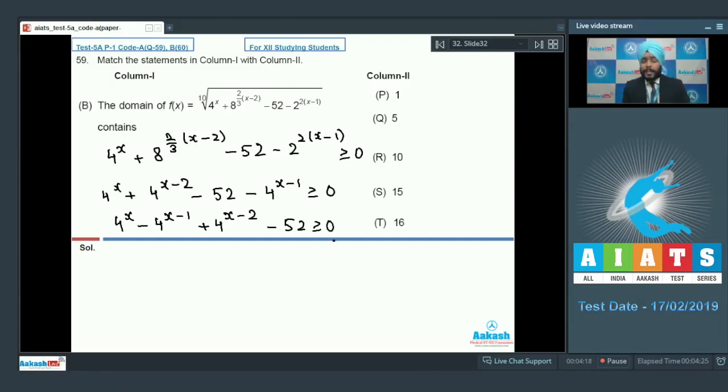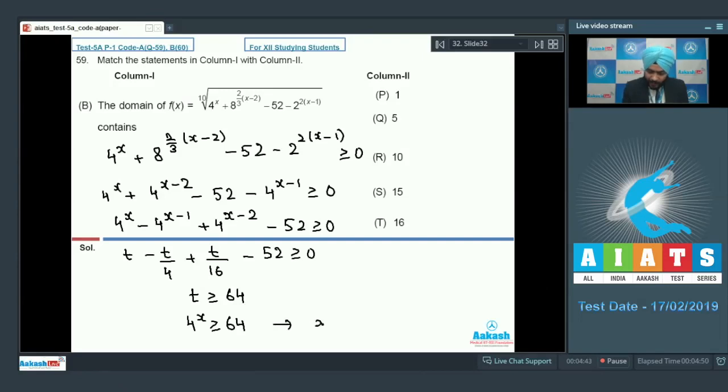If I put 4^x as t, so this is t minus t by 4 plus t by 16 minus 52 greater than or equal to 0. Solving this, you will get t greater than or equal to 64. So 4^x greater than or equal to 64, which implies that x greater than or equal to 3, which means the domain is x belongs to [3, infinity) in the interval form.